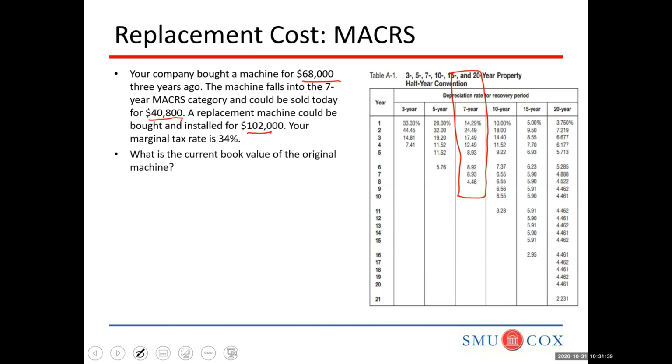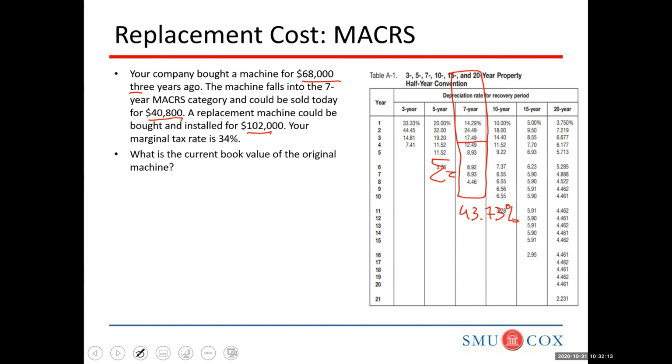So they bought it 3 years ago, so they have years 4, 5, 6, 7, 8 here, all these numbers below. I get the total of those to be 43.73%. Again, it's the sum of these numbers.